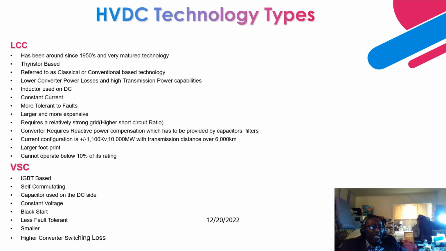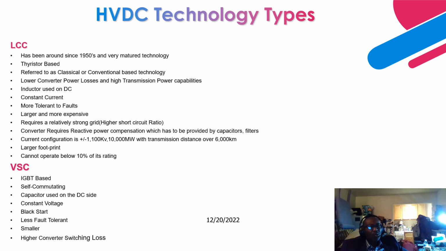What about converter switching loss? Remember, I made mention that the switching loss for the voltage source converter, especially the 2-level and the 3-level, is operating at 1 to 2 kilohertz switching. That frequency of switching translates into much conduction and switching loss.